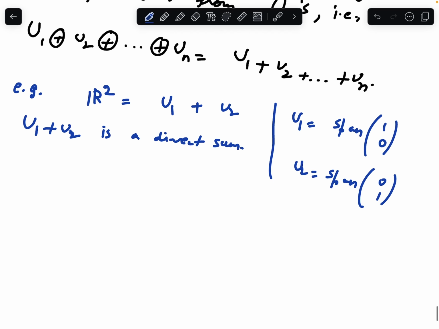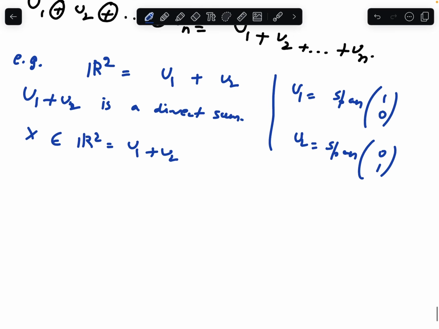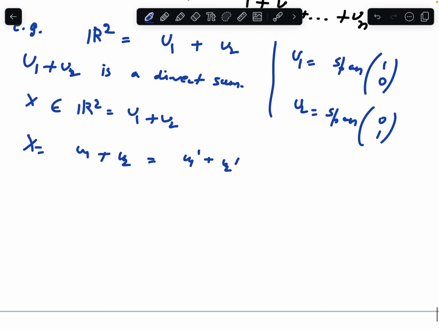Why? Let's see why. So suppose x belongs to R2. Suppose it can be written in two different ways, like x is equal to u1 plus u2, equal to u1 prime plus u2 prime. What is u1?